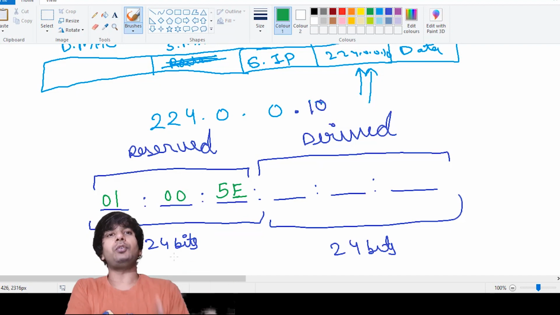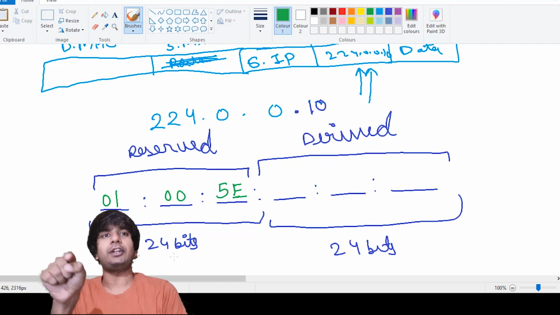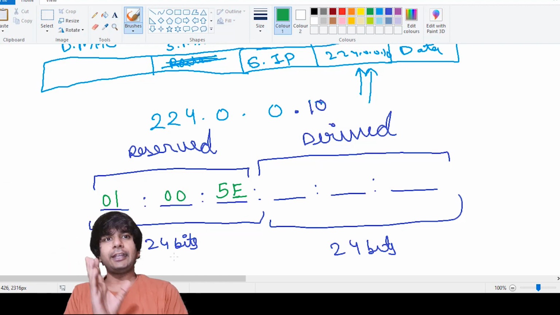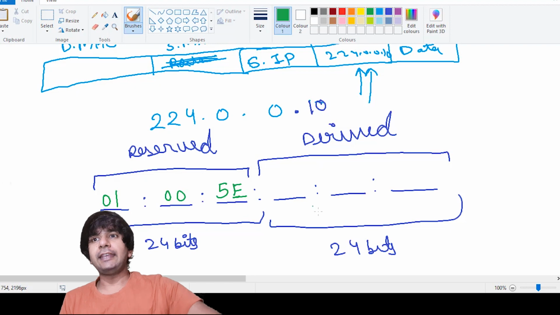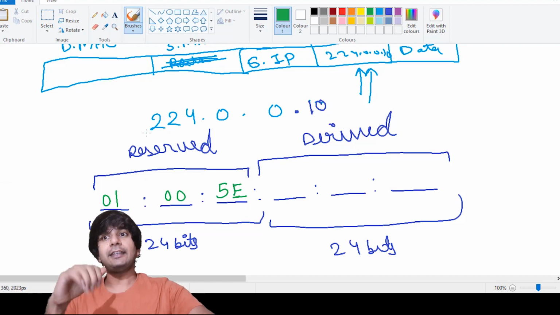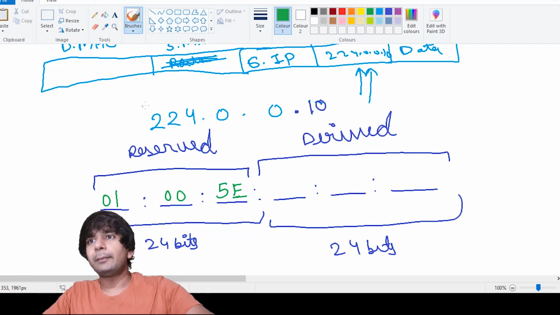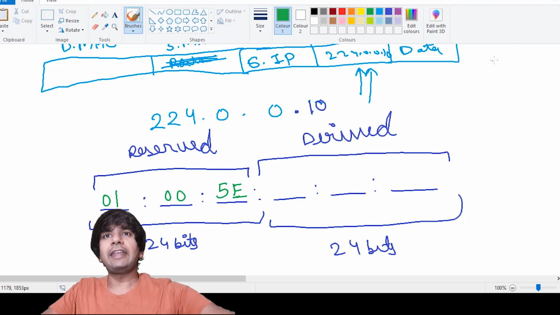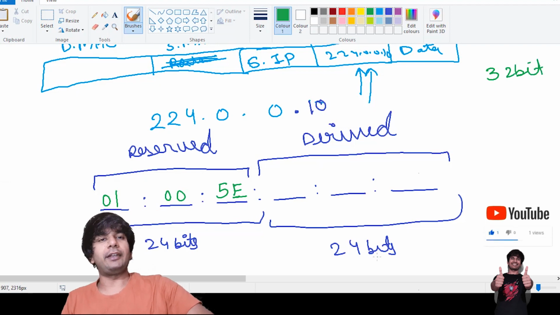Now guys, we have the first 24 bits. Now we need a further 24 bits in order to complete this MAC address. Now from where can we take these 24 bits? Take care of one thing. We need 24 bits. I'm saying that these remaining 24 bits we will be deriving from its respective multicast IP address. So this is the multicast IP address, and we know the size of every IP is 32 bits, but we only need 24 bits.